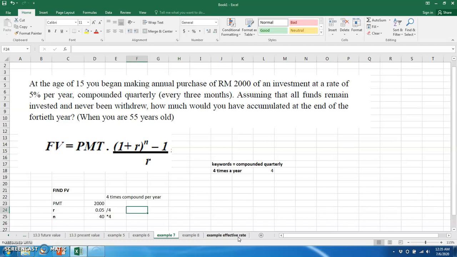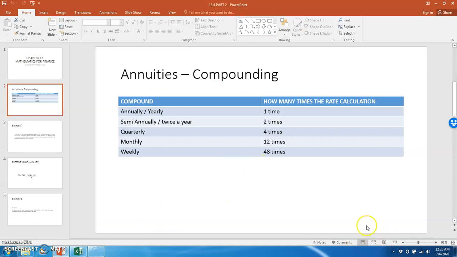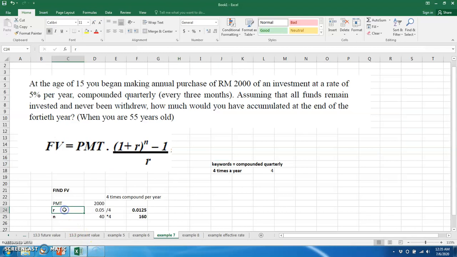So please punch your calculator. 0.05 divided by 4 is 0.0125. And N times 4 is 160. This is your new R and new N. When there is a compound involved, your R will change and your N also changes.